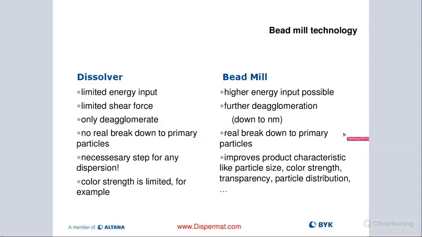We are not really breaking down the particles to the primary particle size. So we're kind of stopping at the aggregate level. If I want to take the aggregates and go down to primary particle size, that's when it's critical to start the milling process. And it is a critical step for the entire dispersion process.